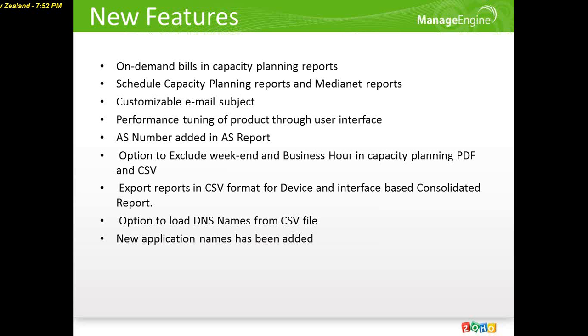New application names have been added. As you all know, the application traffic on NetFlow Analyzer is classified based on the port and protocol mapping available in the product. That is, the NetFlow packet exported from the device will have source IP address, destination IP address, source port, destination port, protocol, and how much volume.